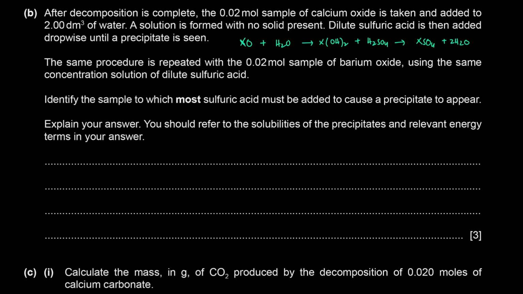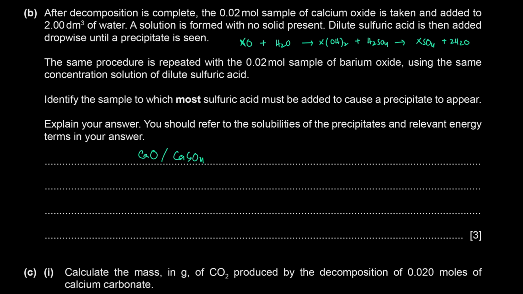So the answer over here is that the sample for which more sulfuric acid needs to be added is the calcium sample. The calcium sulfate sample will take longer, and the reason is that calcium sulfate is more soluble in water than barium sulfate.